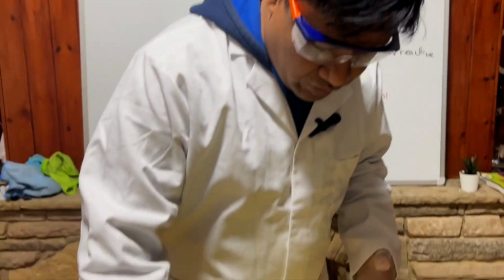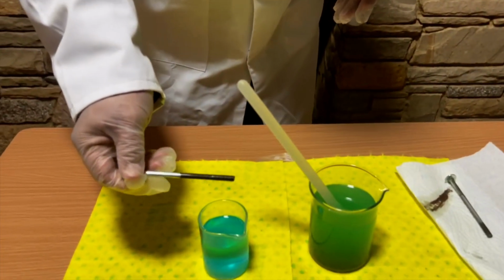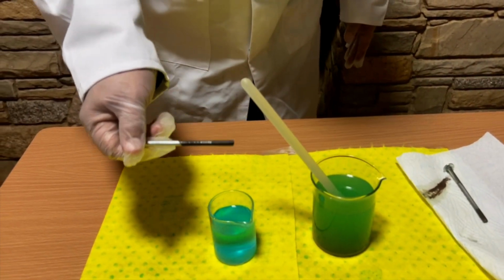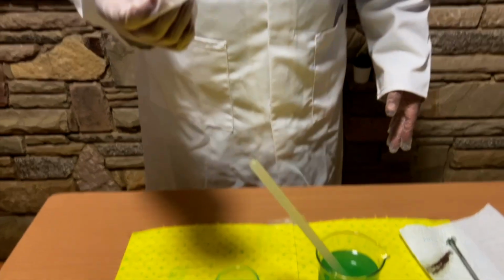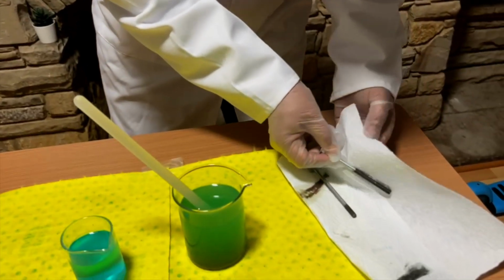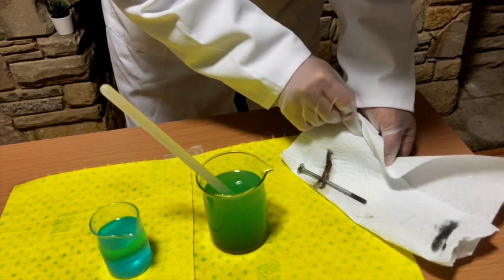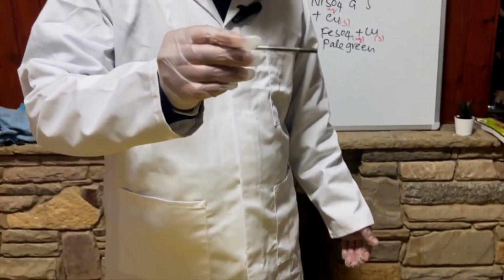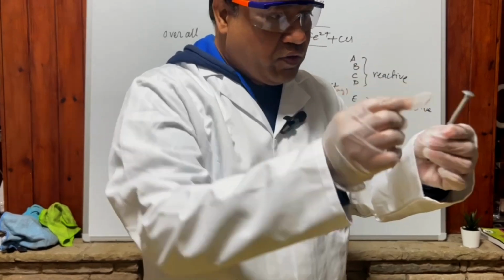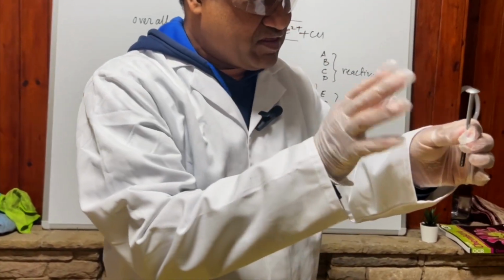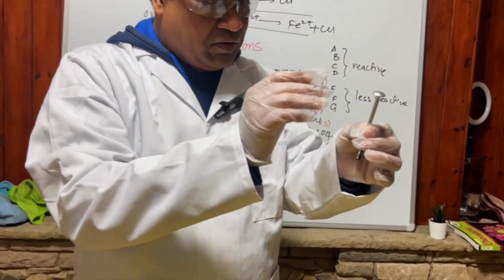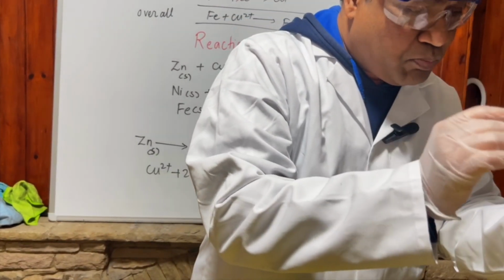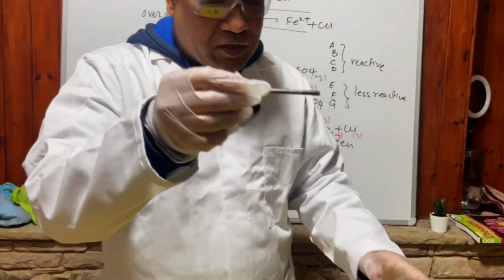Look at that. I have put the nail just now, and the deposition of the copper starts on the nail. The nail is Fe, which is this color, meaning actually the steel, and I bought a brand new nail.